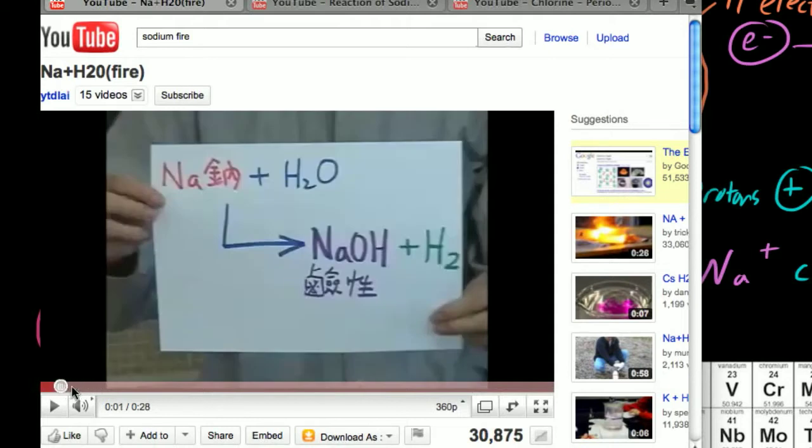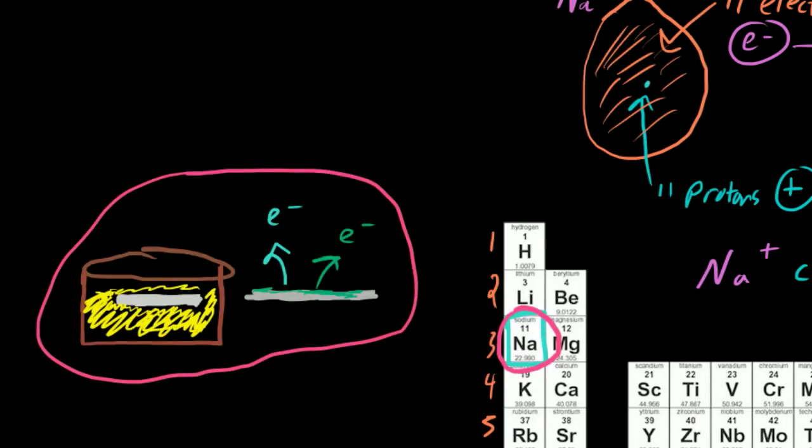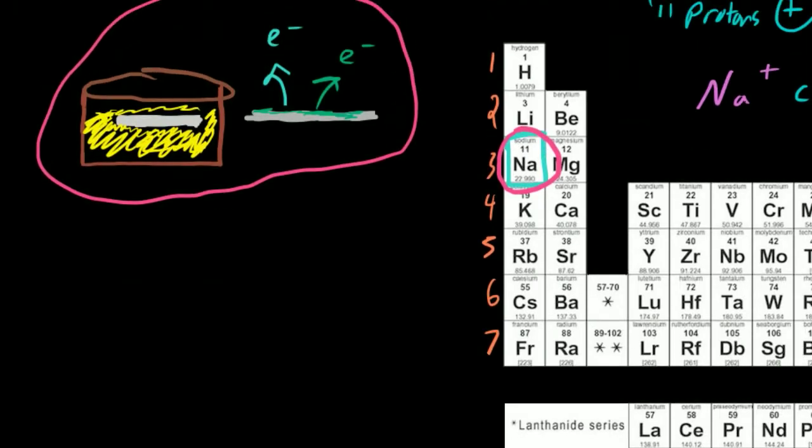One of the characteristics of most of the alkali metals, I think it might even be all the alkali metals, or at least a characteristic of sodium and potassium and rubidium, is that they are very soft. You can cut them with a butter knife.